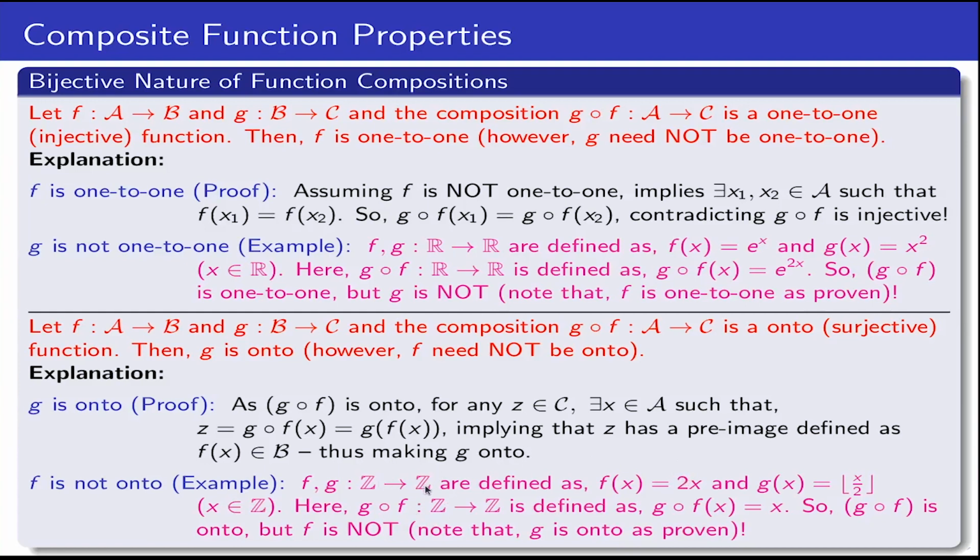If the number is, let's say, an odd number like 5, then 5 does not have any pre-image here, because the pre-image of this element is x by 2, but 5 by 2 is not in Z. So therefore this is not onto. All elements in the codomain are not associated with elements in the domain. However, g is onto, as we have already proven, because every element here has a pre-image, like this is from Z and it has a pre-image in Z. So it's a floor function, and every component has a pre-image.